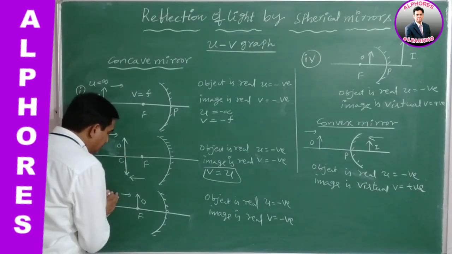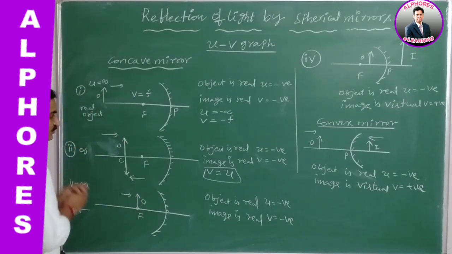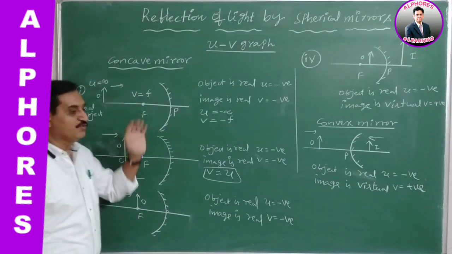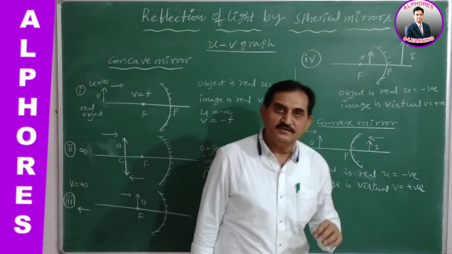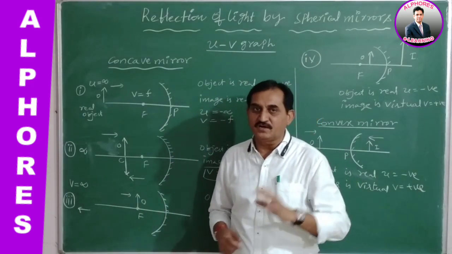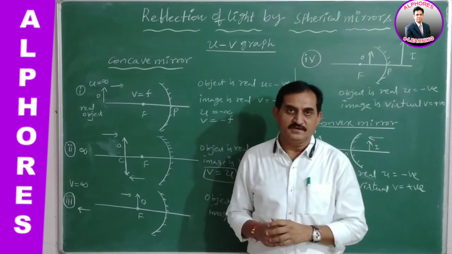As the object is further approached and reaches the focus point, its image goes to infinity. Of course, from infinity to the focus point, we already discussed previously. When the object is at infinity, a real object, the image formed is at focus, which is real.